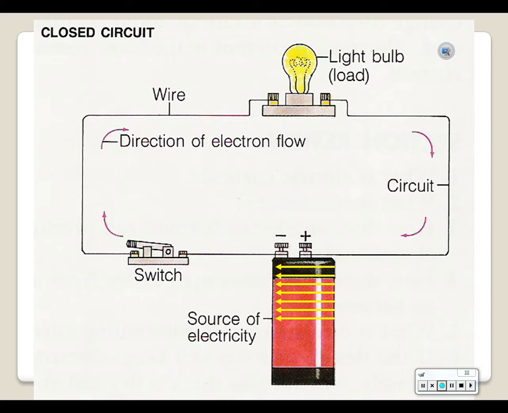So, in order for us to increase the energy of an electron, how would we move it within this battery? Well, there's two sides to that battery. There's a positive side and a negative side. How would we move electrons to increase their energy?